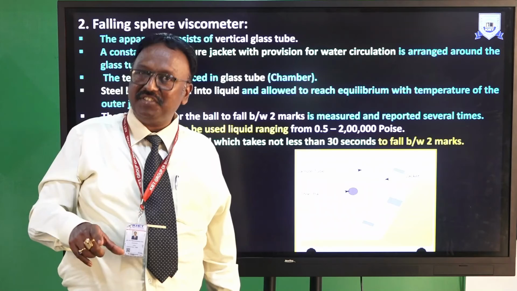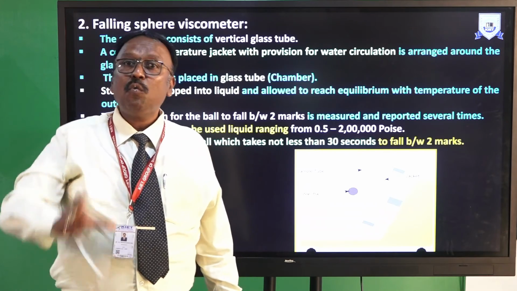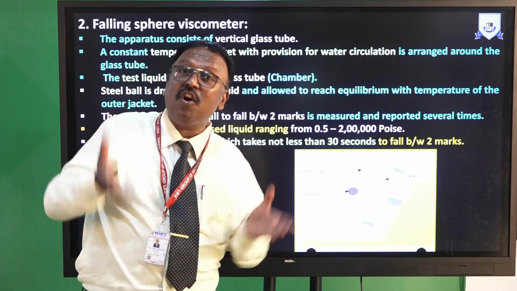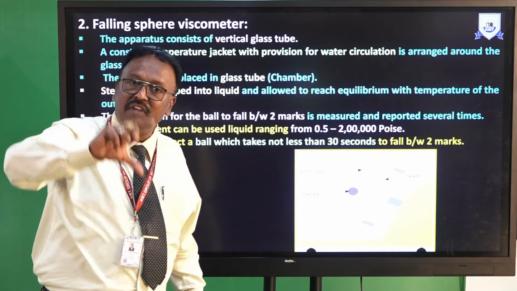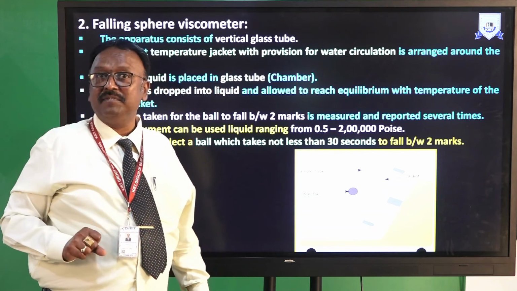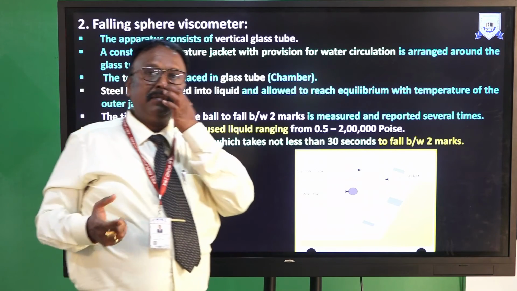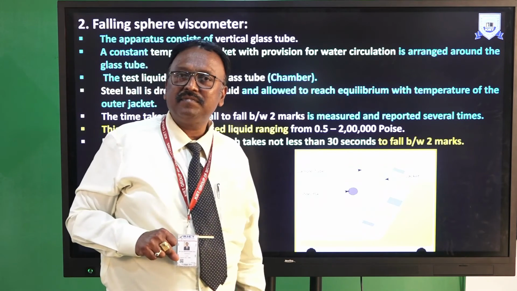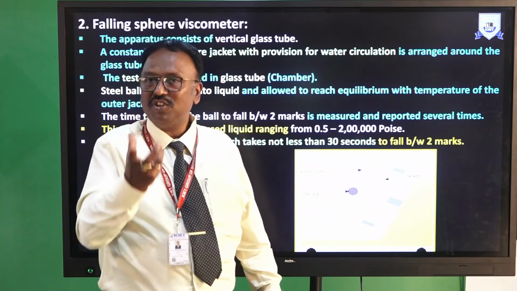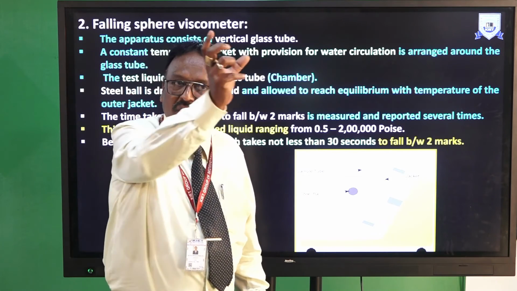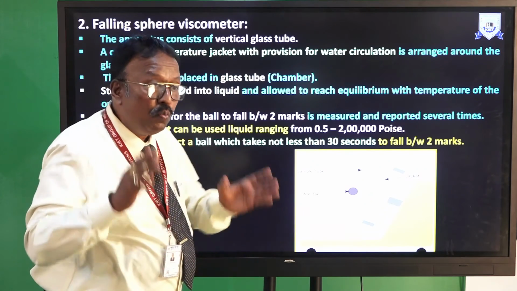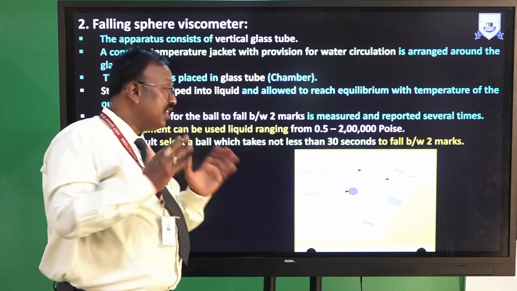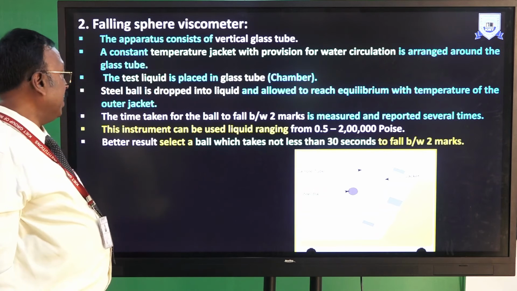If the temperature is increased, viscosity is decreased, and we cannot measure viscosity properly. The movement of the ball will keep increasing and decreasing. Suppose the temperature is increased, the viscosity is decreased, that means the ball will fall immediately. For that reason, to maintain the constant temperature, continuous water circulation will be there.